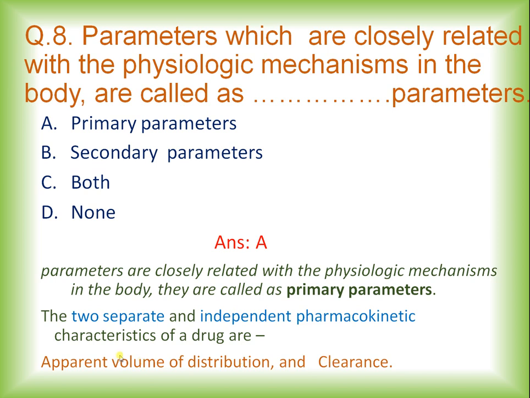Both these parameters, Vd and clearance, are closely related with the physiological mechanism in the body. Hence, they are called primary parameters. So, make it very clear in your mind that the primary parameters are Vd and clearance.